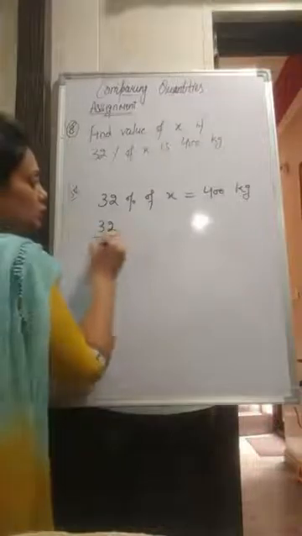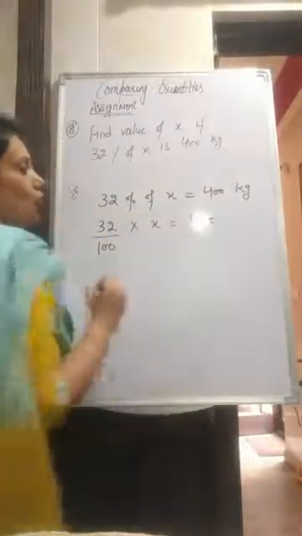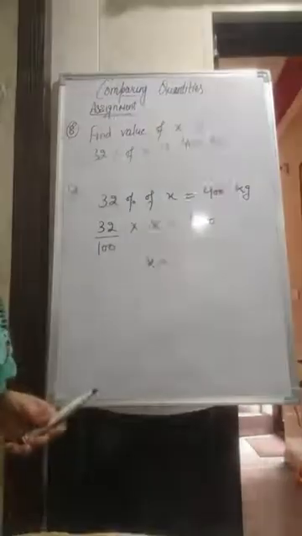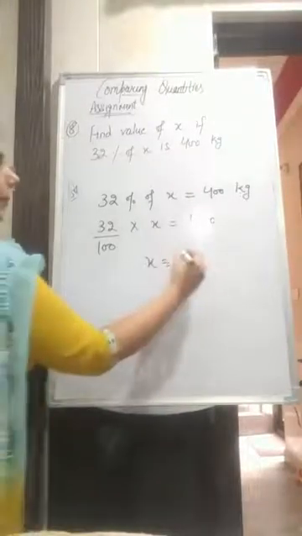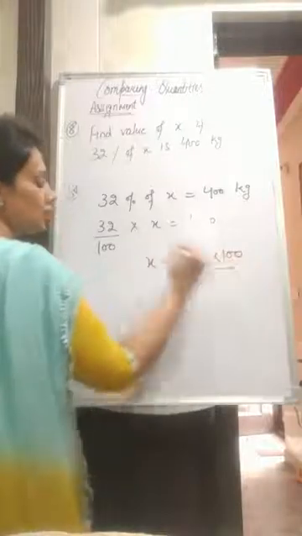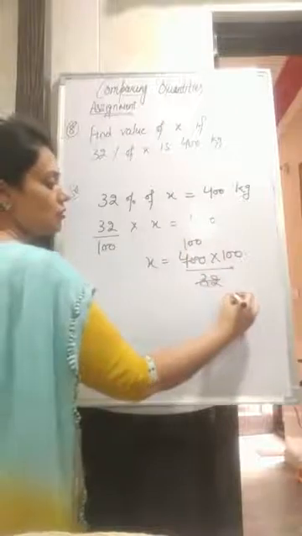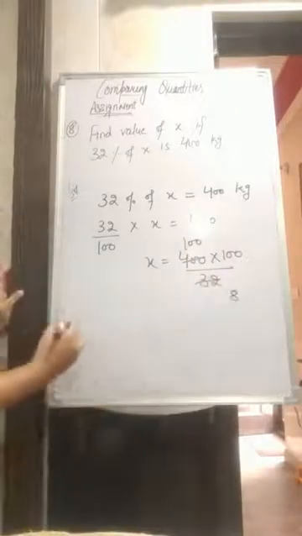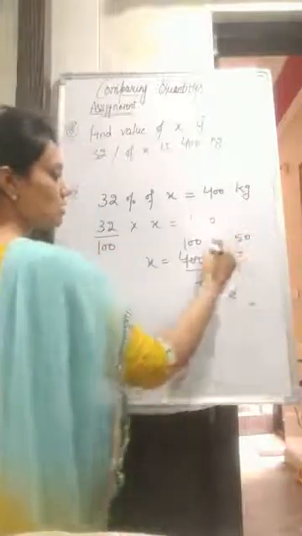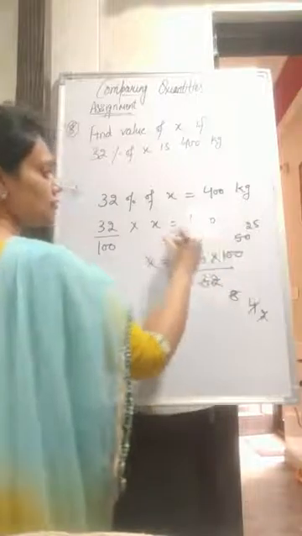So 32 over 100 into x is 400. x is equal to 400, 100 will go in the numerator, and 32 will come in the denominator. So 400, 4 8s are 32, then it is 0, 2 4s are 8, 2 2s are 4.